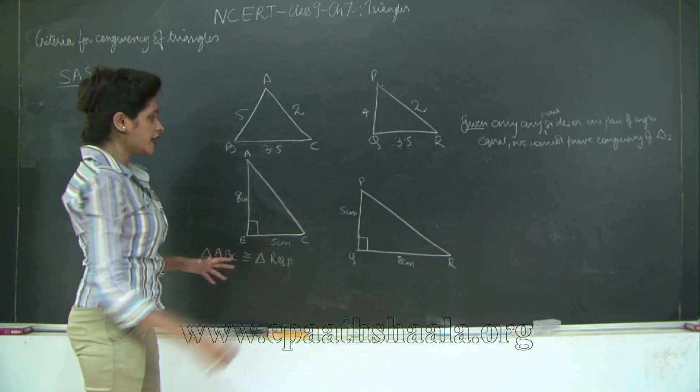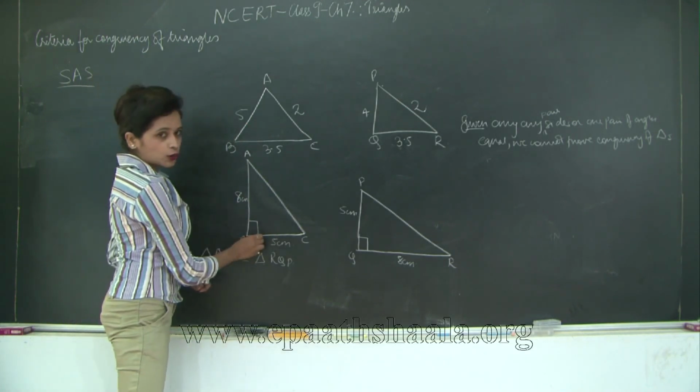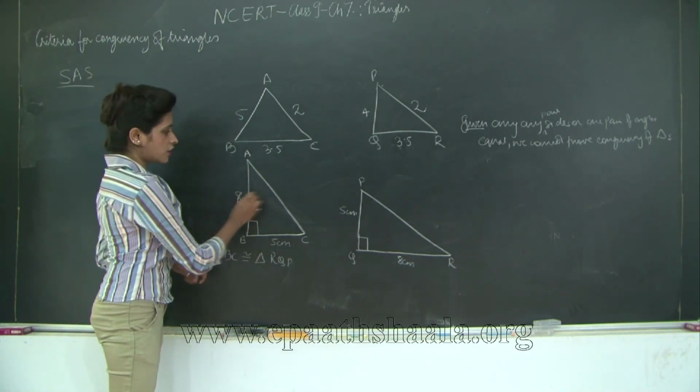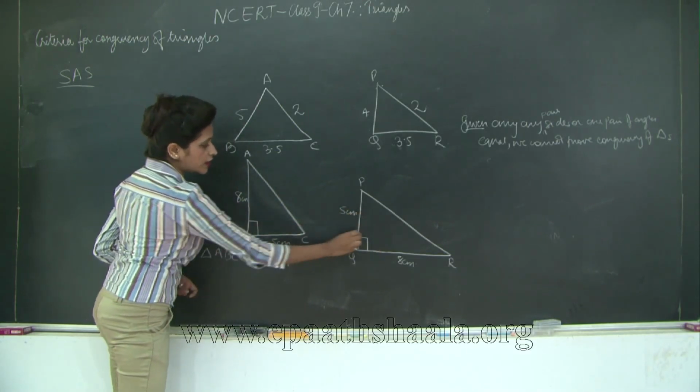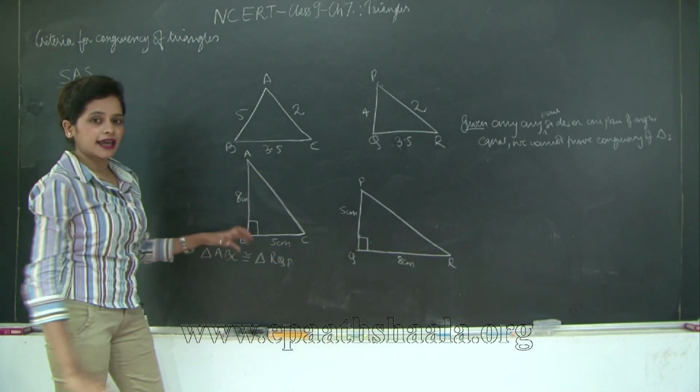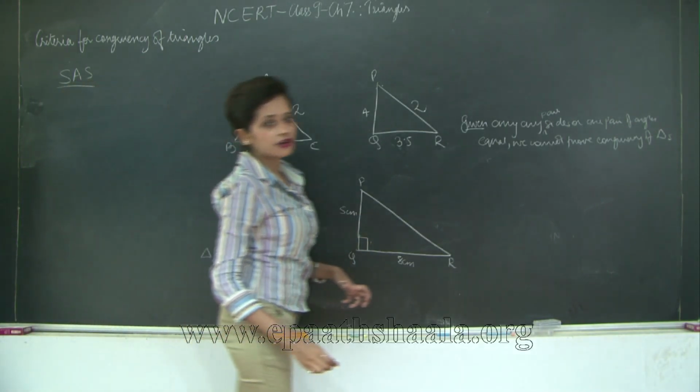But if you have any two sides and the included angle as congruent, that is, the corresponding sides are equal and the corresponding angles are equal, then you can say that the two triangles are congruent.